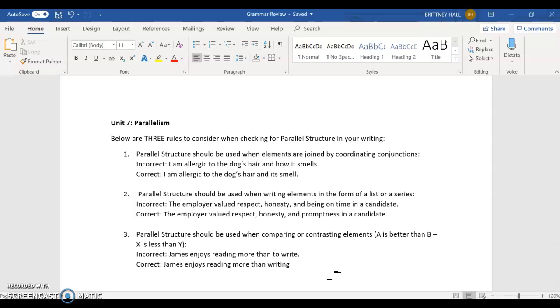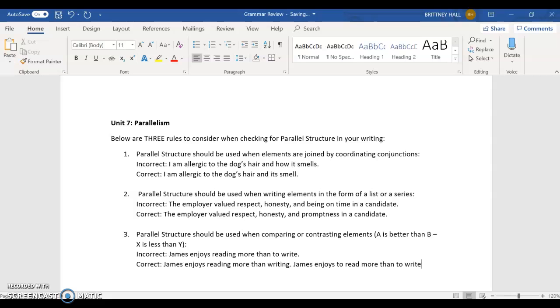So what we can do is we could say, James enjoys reading more than writing. Or, we didn't really say "enjoys to read," I mean, we could, it sounds a bit strange, but James enjoys to read more than to write. It sounds strange, right?